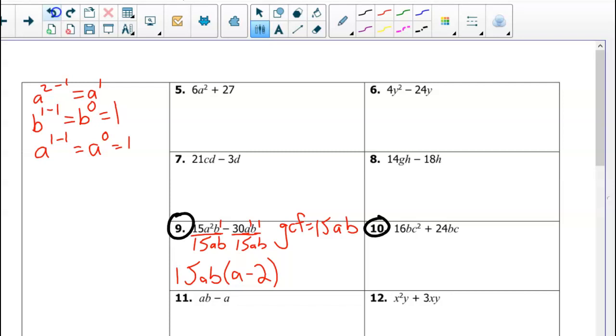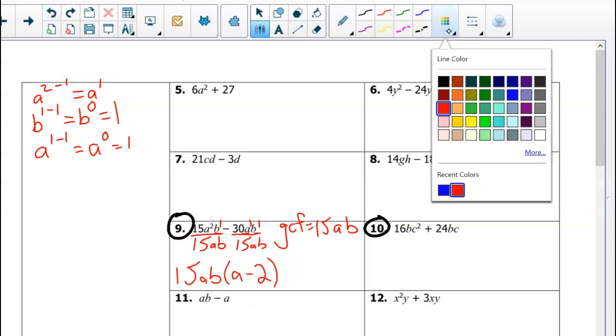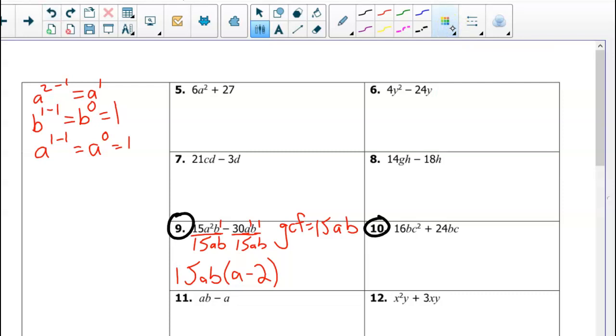Okay. Looking at number 10, it is very similar. I see my lowest number is 16, but 16 is not a factor of 24. So I have to figure out what is the greatest common factor of 16 and 24. So I'm going to make another factor table really fast, or factor tree. 1 and 16, 2 and 8, 4 and 4.